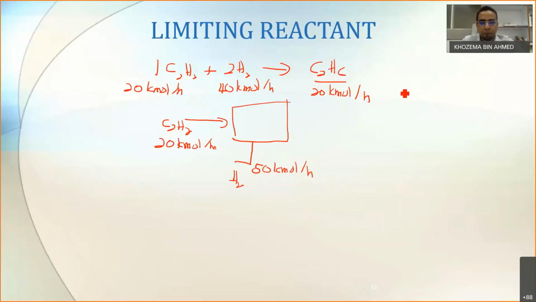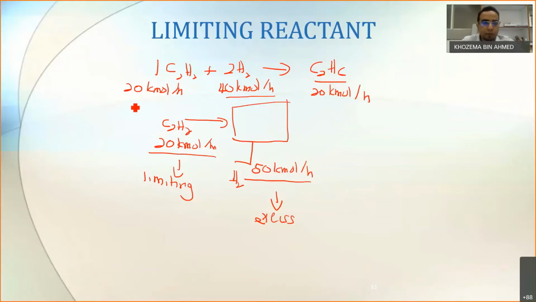Based on the stoichiometric ratio, if I have 20 kilomole, I will only need 40 kilomole of hydrogen to complete the reaction. But here I have 50 kilomole, meaning that this is my excess reactant, and this one is my limiting reactant. Why? Because this is the reactant that will control how much product I get.